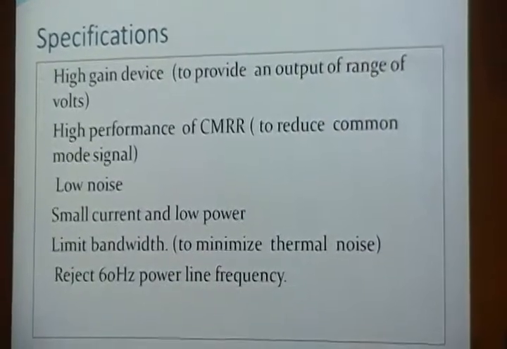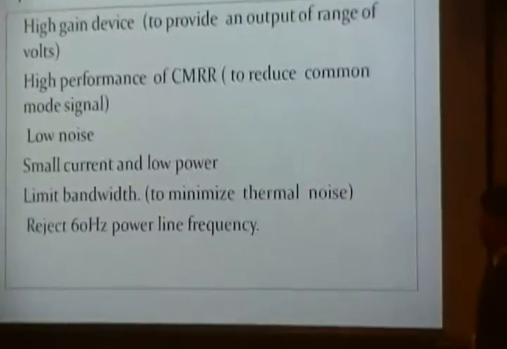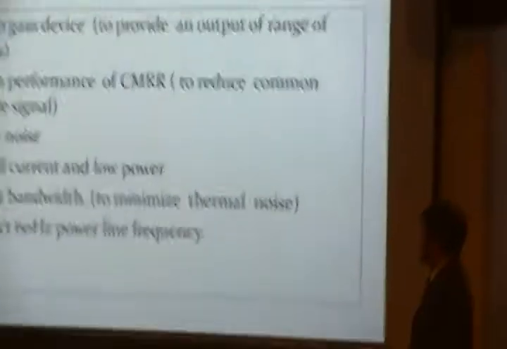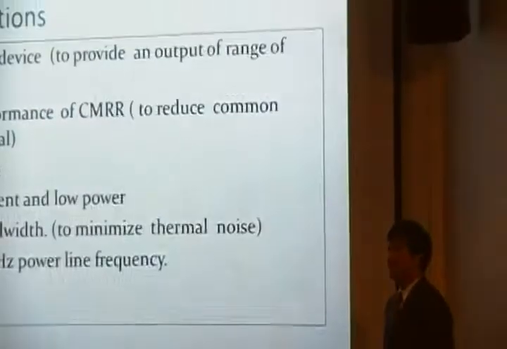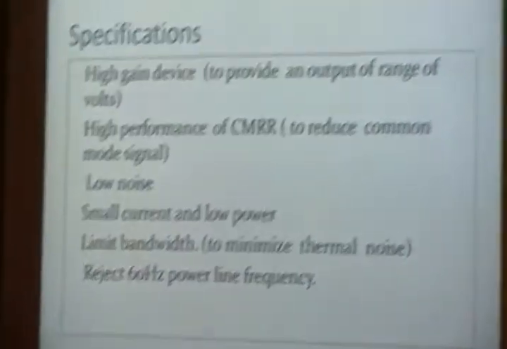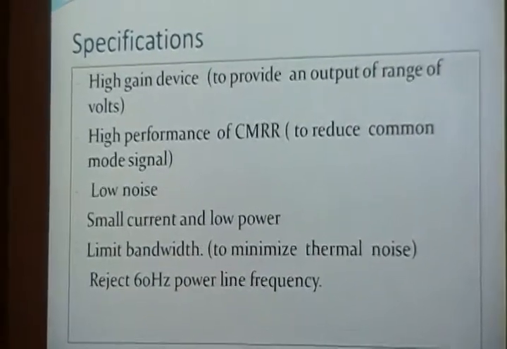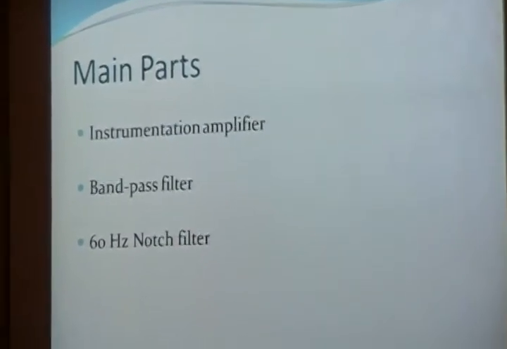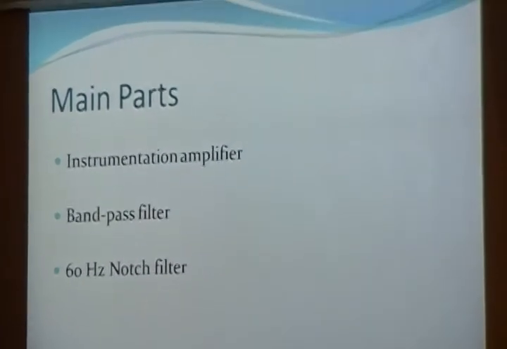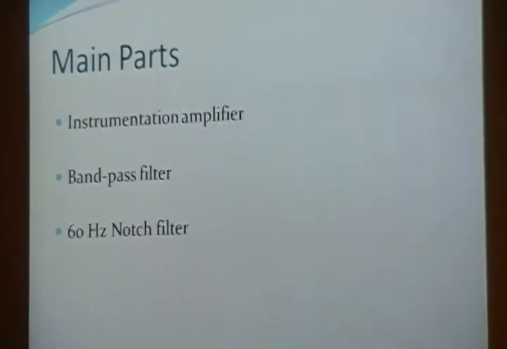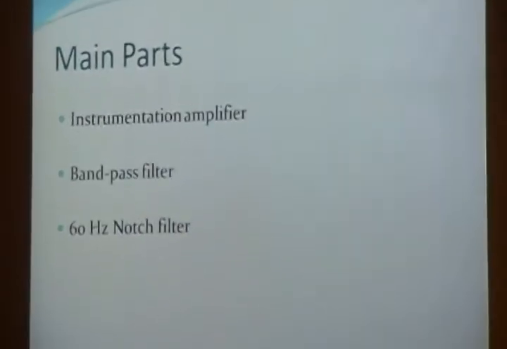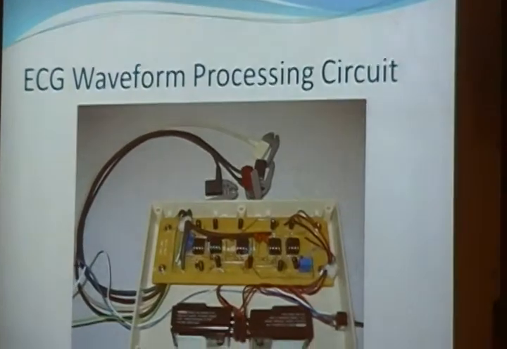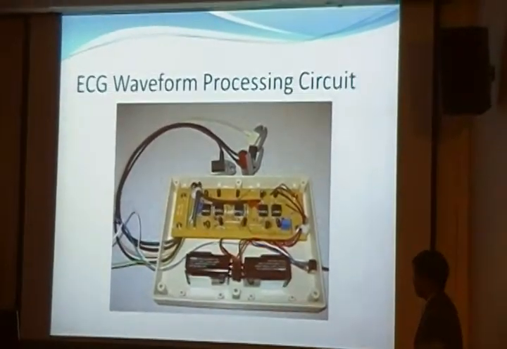It dissipates low power, and it can limit the bandwidth from 0.5 hertz to 100 hertz. The circuit can also remove the power line frequency. So the circuit consists of three components: the instrumentation amplifier, the band pass filter, and the notch filter. It's a complete circuit.